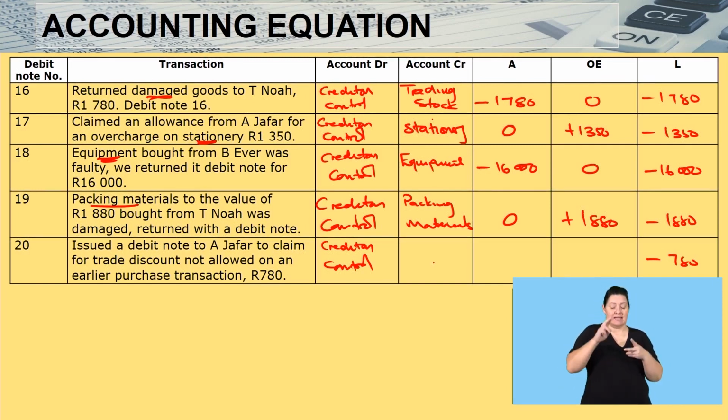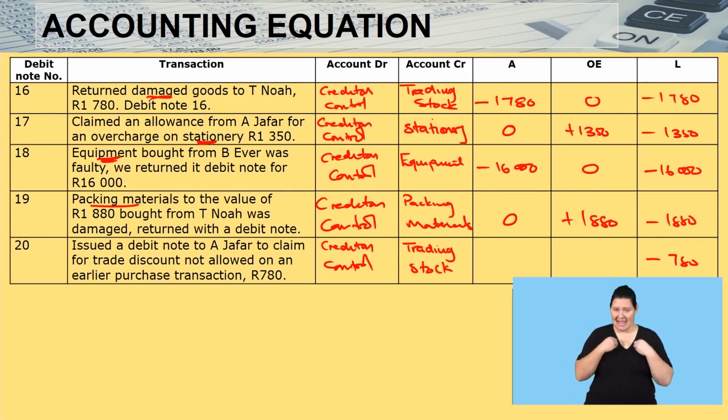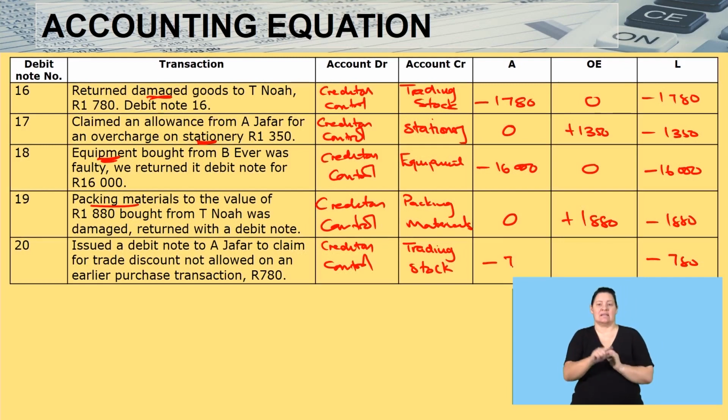The second account involved. This is on an earlier purchase transaction, so we had purchased trading stock. So I'm saying trading stock. Trading stock is an asset. Once we credit an asset, we're coming to say minus 780. No effect on the owner's equity.